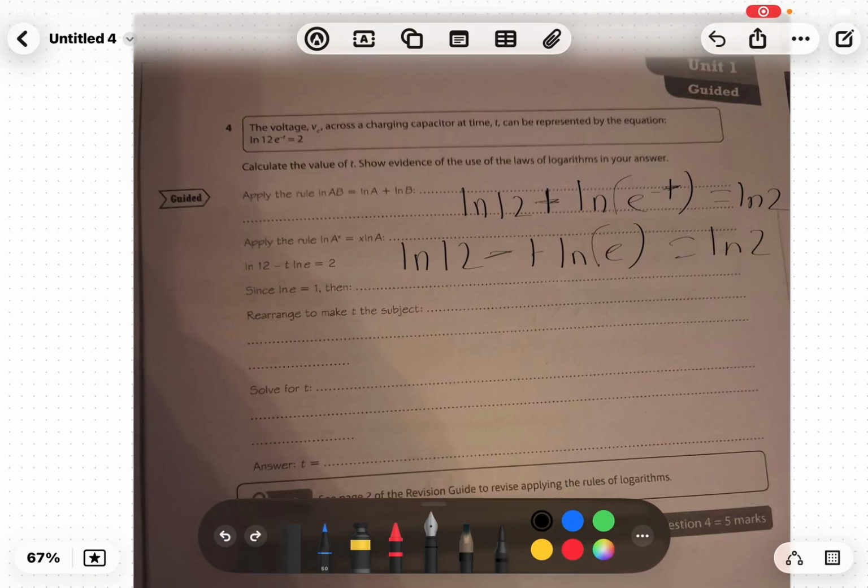Since ln is the normal log, the ln e is always equal to 1. So it can basically disappear, because 1 times anything is the same number. So it's basically non-existing, and we can just forget about it. So after that, ln 12 take away 2t equals ln 2.